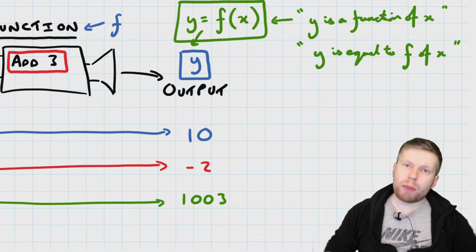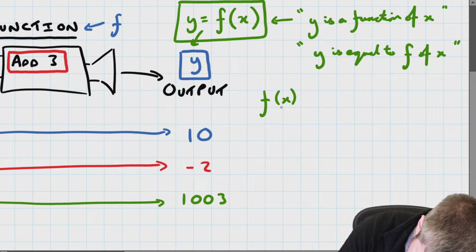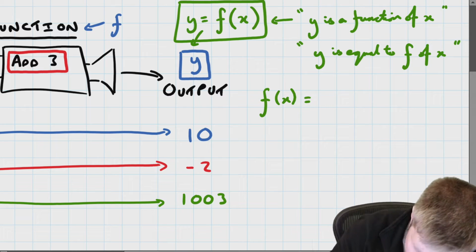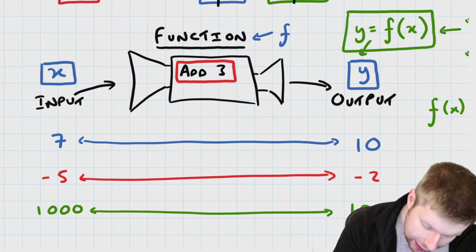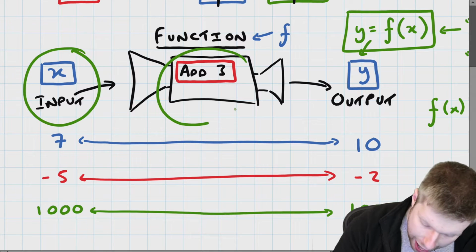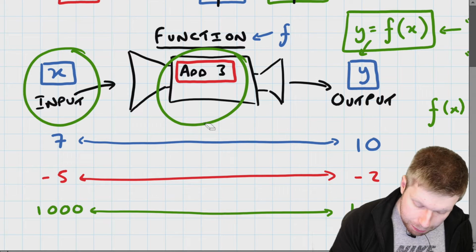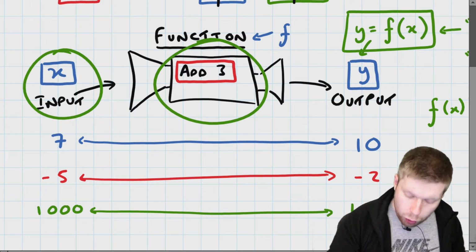But I could actually say that my function of x is actually equal to, well, have a look. What's happening here? I'm taking my input, then I'm adding 3, and I get my output. So in other words, my function is just simply taking my input and then adding 3. That's literally what the rule is telling me.